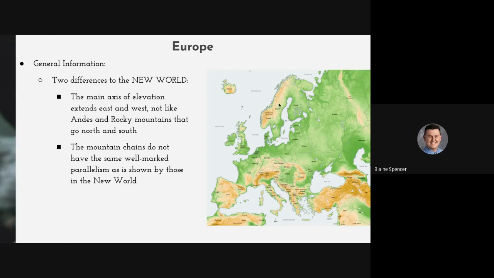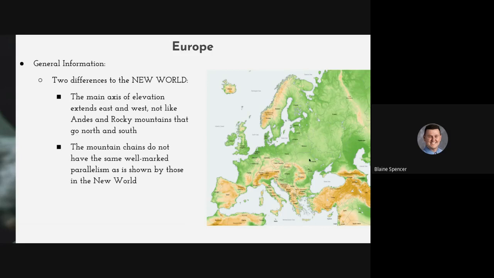So we see our two systems. Down here, the bulk of the mountains are down here, and this is going to be our primary highlands, way down here. Our secondary are going to be what we see up here, the Ural and the Scandinavian mountains. And then if those are our two systems, where would our central plain be? That's right, Gavin. Right in this area, between these mountains, this flat area right here.